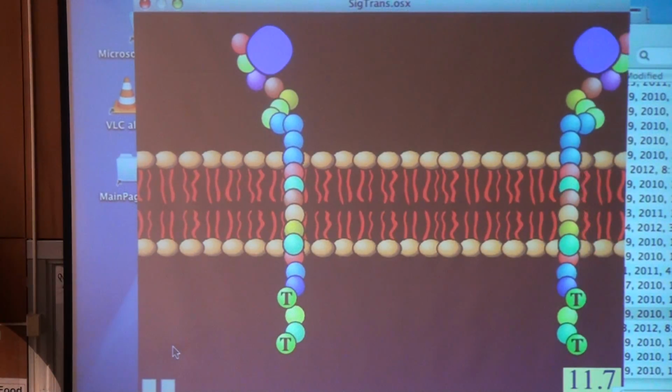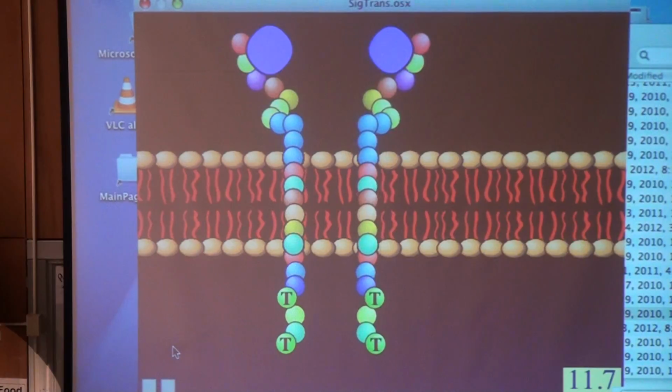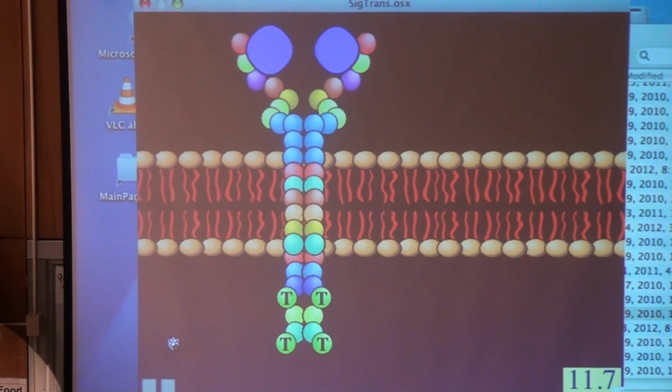Another tyrosine kinase receptor that's also bound the same signal molecule will come over, and the two will now click together like this. And this is called forming a dimer, or you say that the tyrosine kinase receptors have dimerized. And the word di means two, so this just means forming a pair.